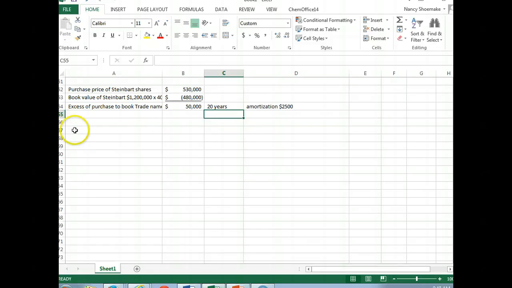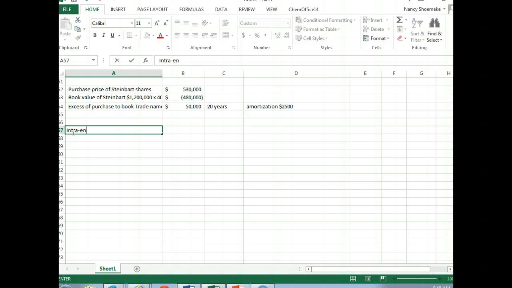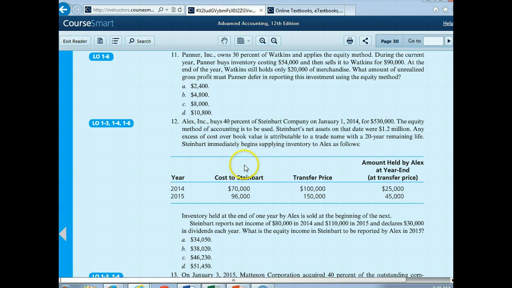Now we've got another step. We need to talk about these intra-entity transactions. Okay, so the first one shows the cost to Steinbart is 70, the transfer price is 100.